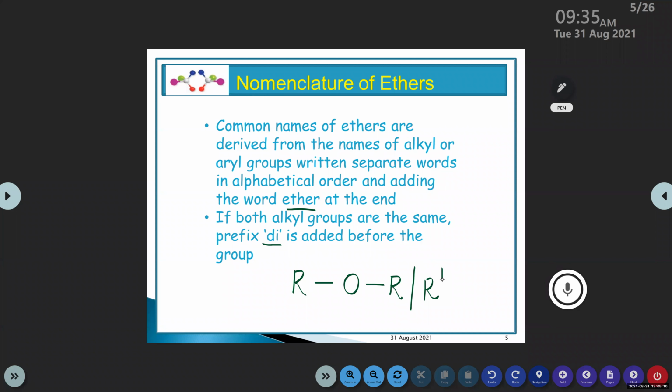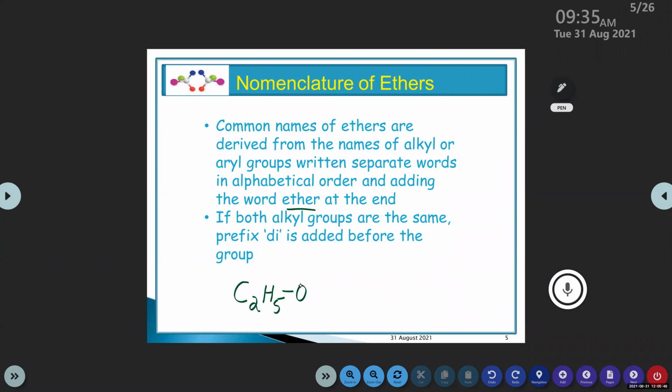That's the method of writing the common name of ethers. We can just do one example to write the common name.